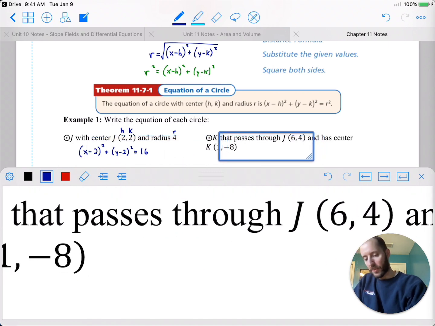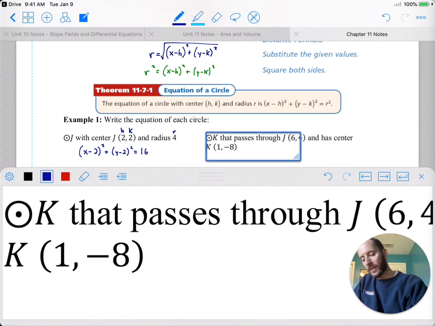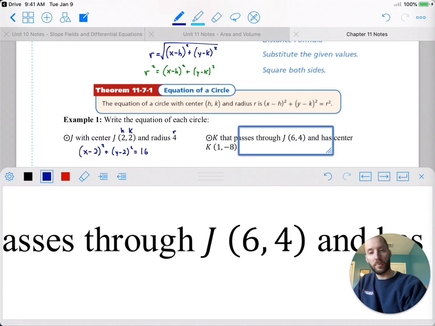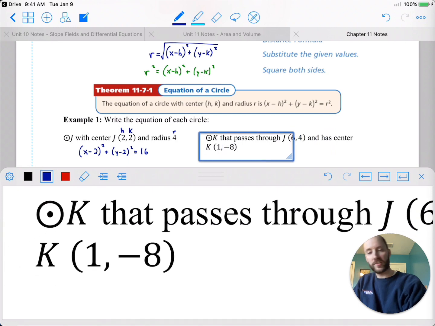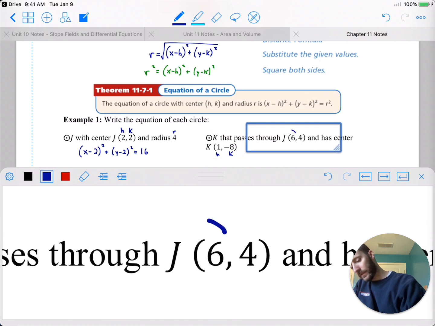For this example, they give you circle K passes through a point, so we have a point, x and y, and the center, h and k. So you need to find a radius measure. You could do that in a couple of different ways.